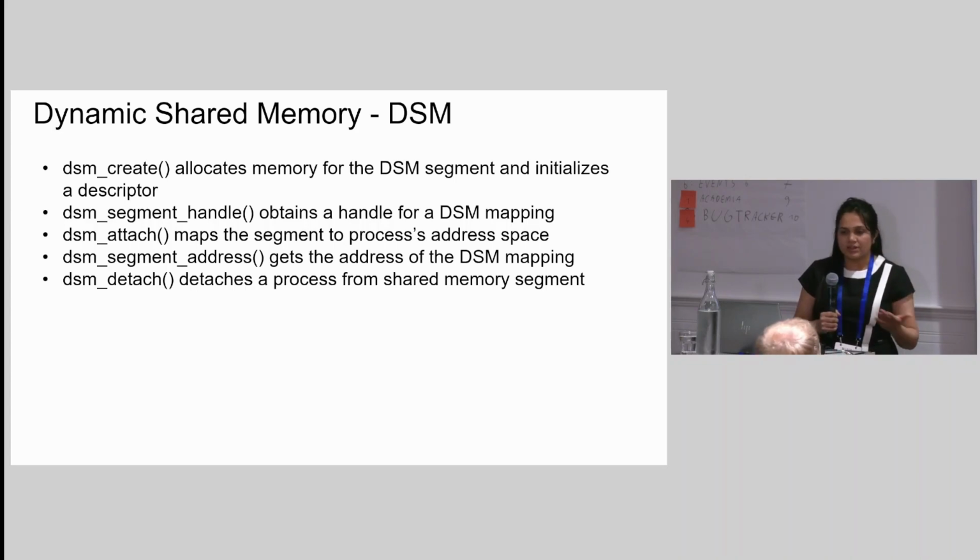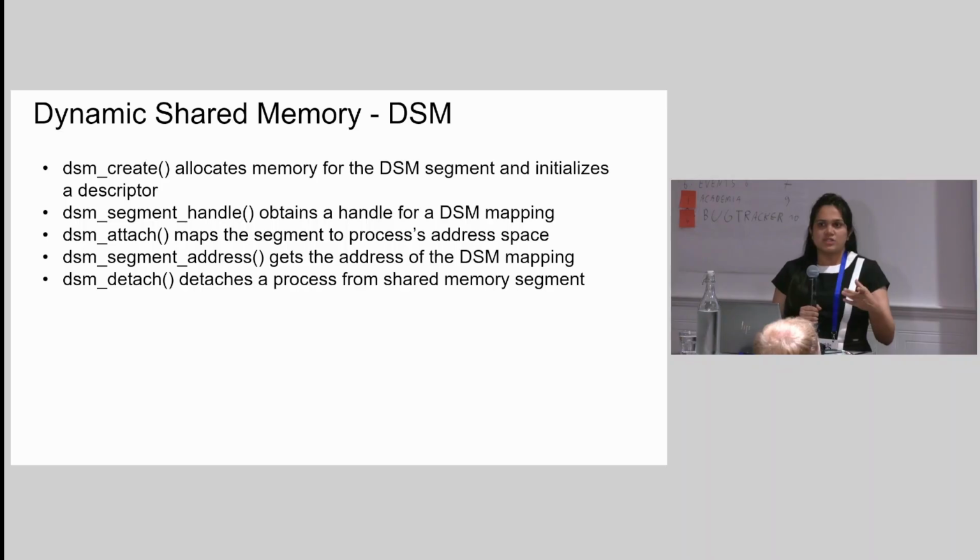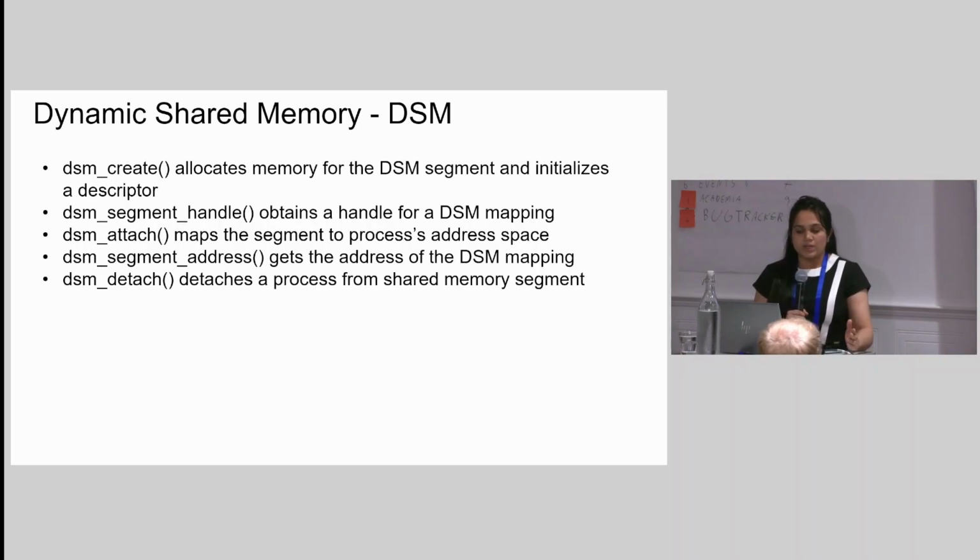Once both processes have attached and mapped this DSM to their own address spaces, they can use dsm_segment_address to get the address of this DSM mapping, which is basically a local pointer to that memory, to store any data. Once a process is done using this DSM, it can call dsm_detach, which will detach and unmap the DSM from this process's memory. And once all the processes have unmapped the DSM segment, it will get destroyed.